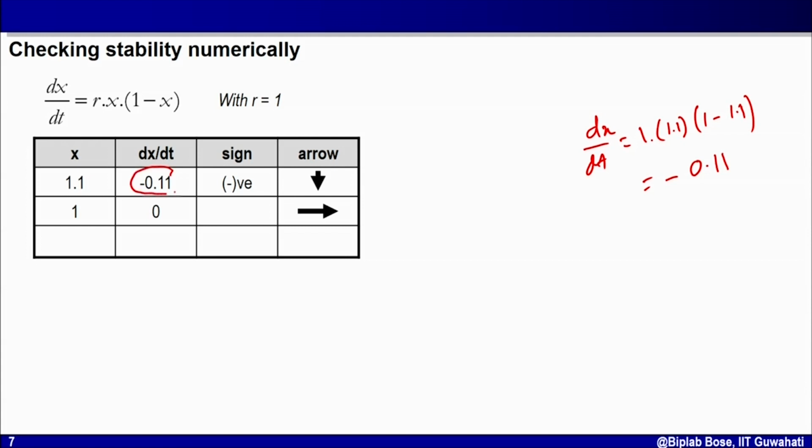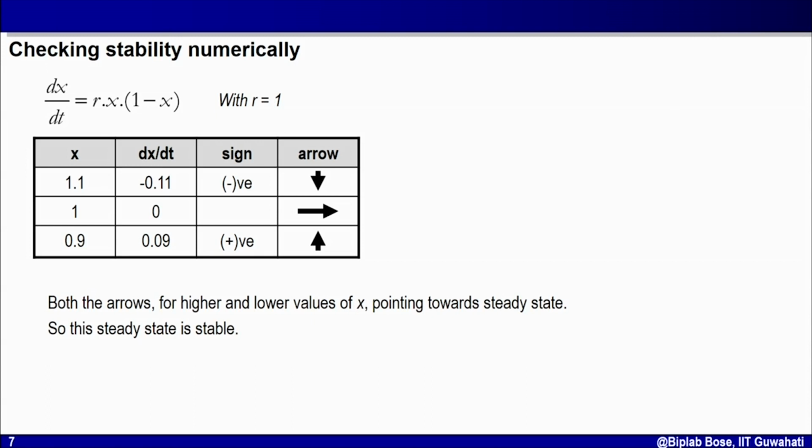So that value is written here. The sign of the derivative is negative. So with time x is decreasing. So I put an arrow indicating downwards. Let us take a slightly smaller value than the steady state value. Steady state is 1. So I take a smaller value, 0.9.